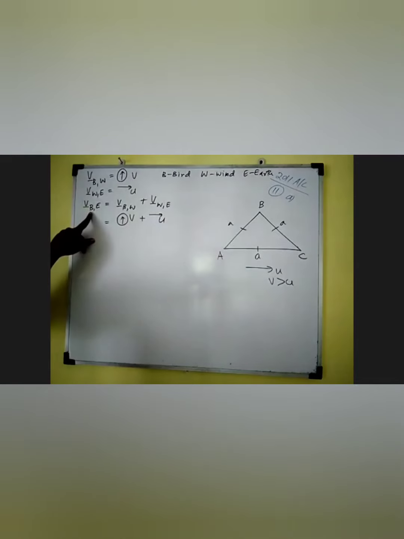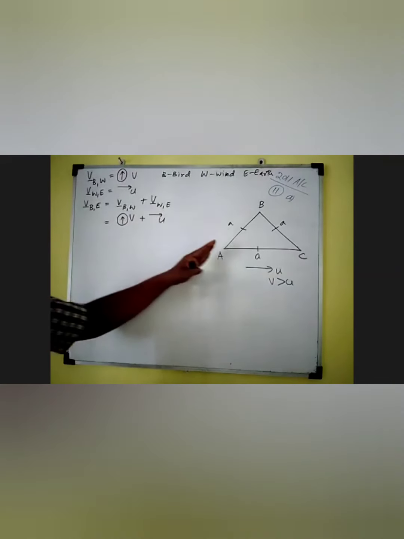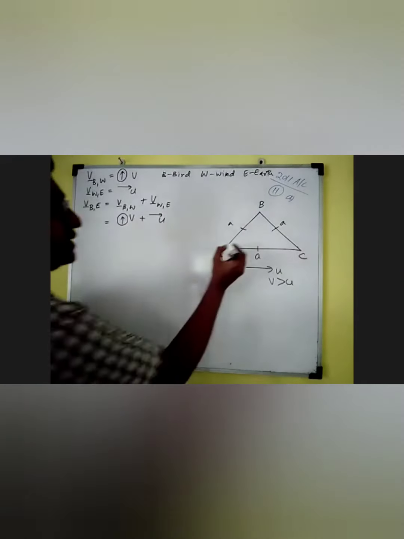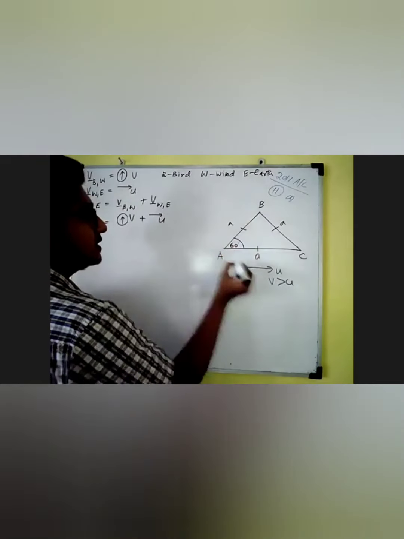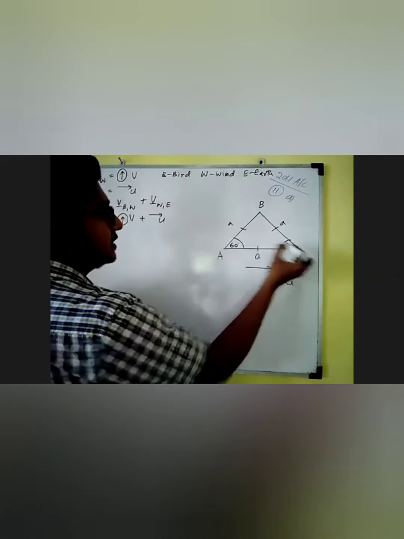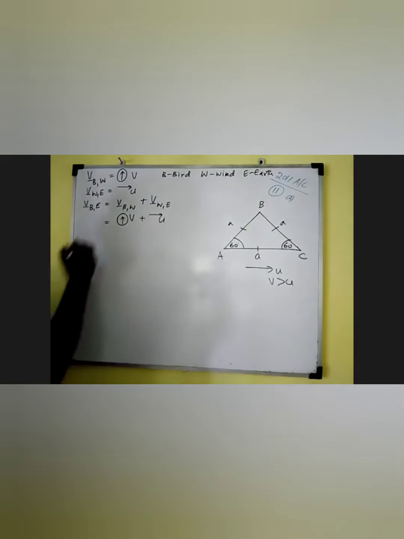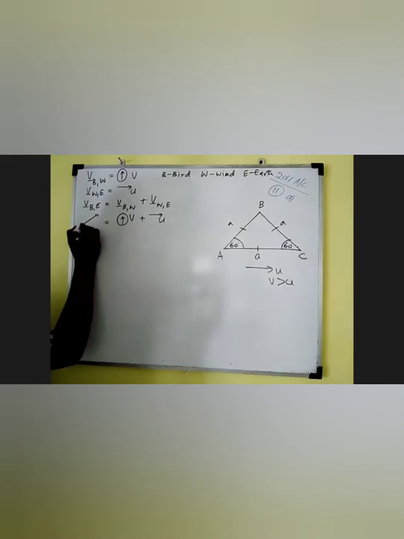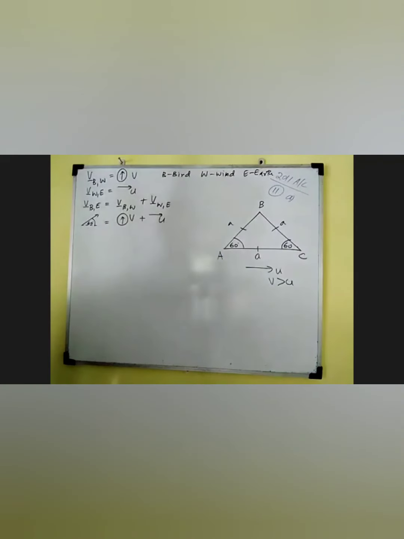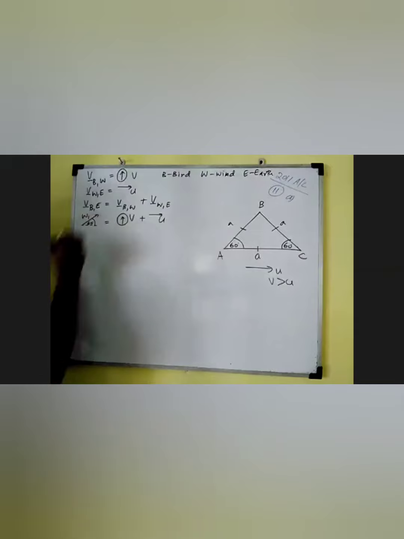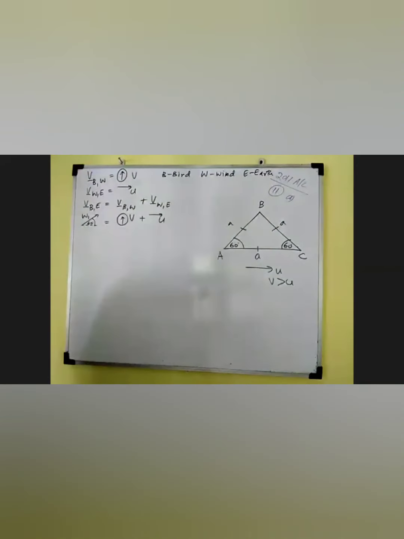Velocity of bird relative to earth is in this direction. Since this is an equilateral triangle, this should be 60, and this is also 60. Then the direction is this, 60 degrees to horizontal. But we don't know the magnitude. Let's take it as w1.